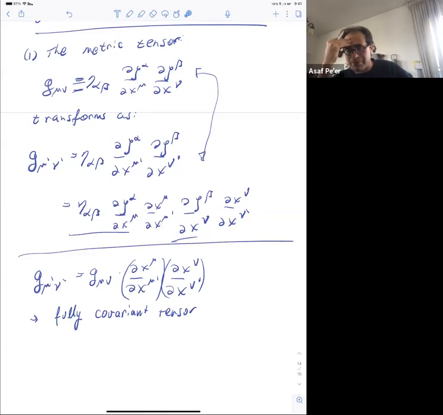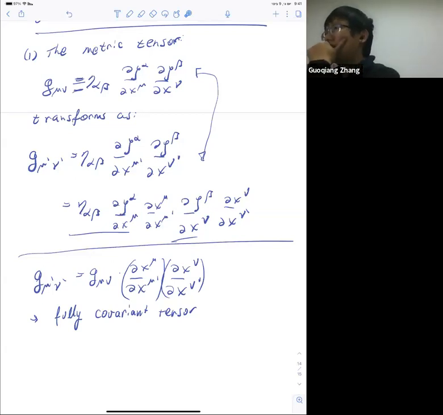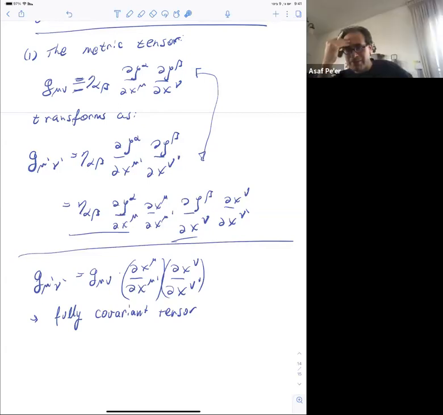That's what confuses you. The ξ's are inertial. They define the simple flat space-time. These x's are not necessarily inertial coordinates. Now I'm moving from one non-inertial coordinate system, μ ν, to another non-inertial coordinate system, μ' and ν'.